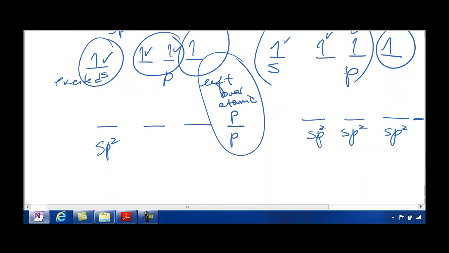So my carbon has 1, 2, 3 electrons there. And this carbon number 2 is going to have 1, 2, 3 electrons. And then my hydrogen, which was in red, well, it's hydrogen, just 1s1.